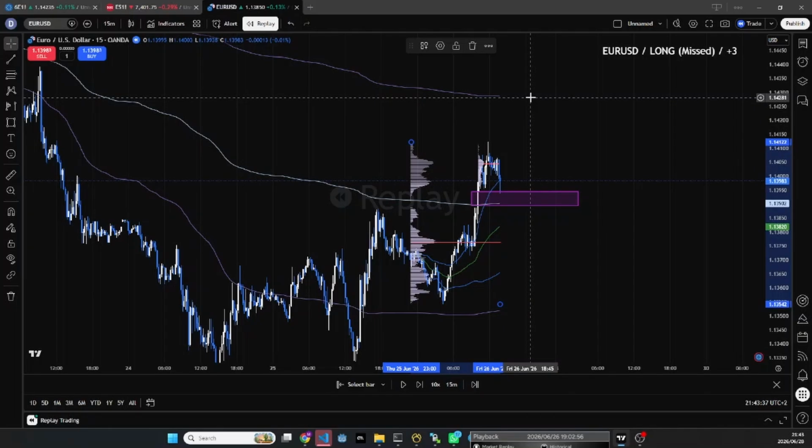Now, I left this because I hadn't noted this context and I didn't like trading into consolidation.